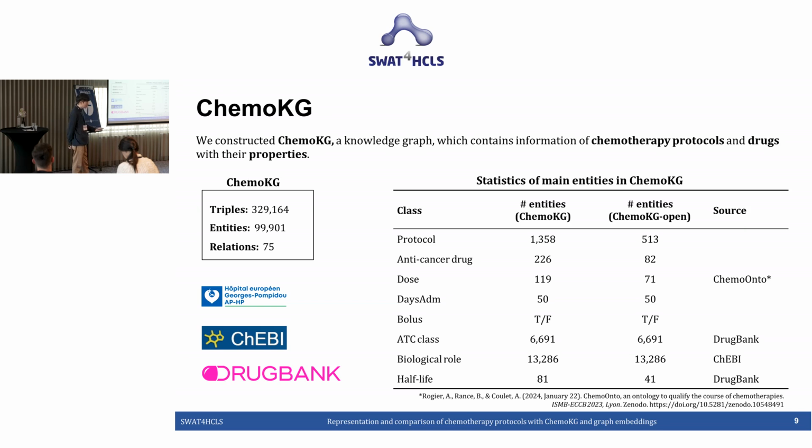The main entities or classes are the protocols, about 1,400 protocols in ChemoKG, and their related drugs, especially the anti-cancer drugs, and their properties such as dose, days administered, bolus, etc. Those sources come from the George Pompidou Hospital, which we did previously, see the reference below, with my colleague Alice Roger.